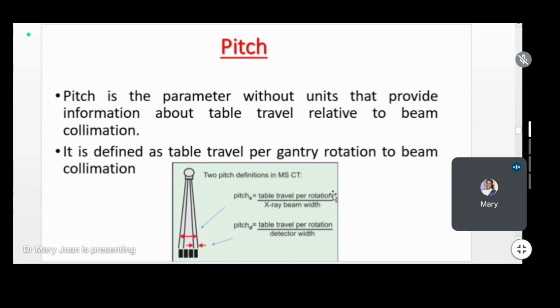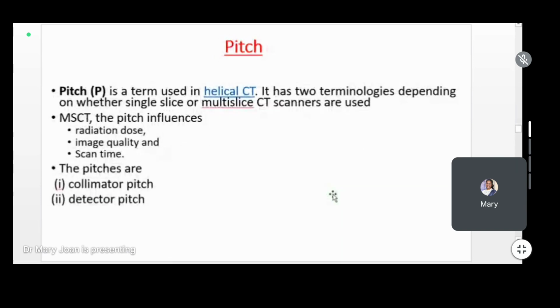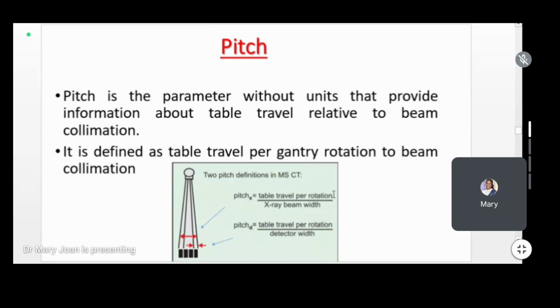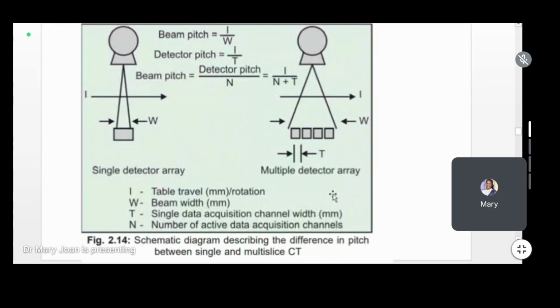So how much the table moves in one rotation divided by the beam width is pitch X, and pitch D is how much the table moves in one rotation divided by the detector width. So beam pitch is I by W, detector pitch is I by N·T, and beam pitch is detector pitch divided by N.